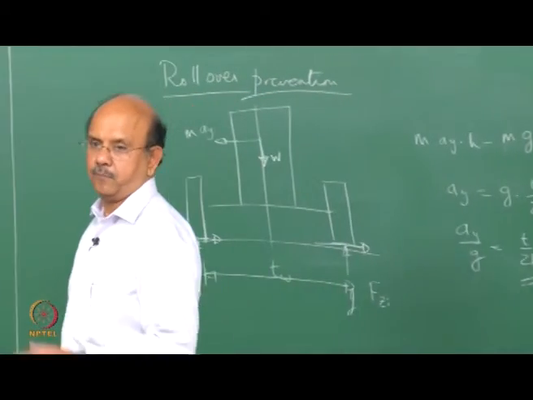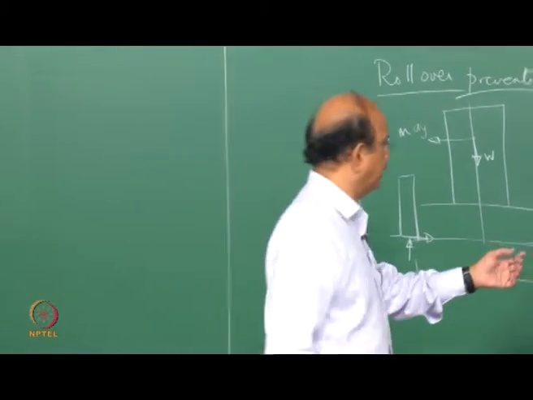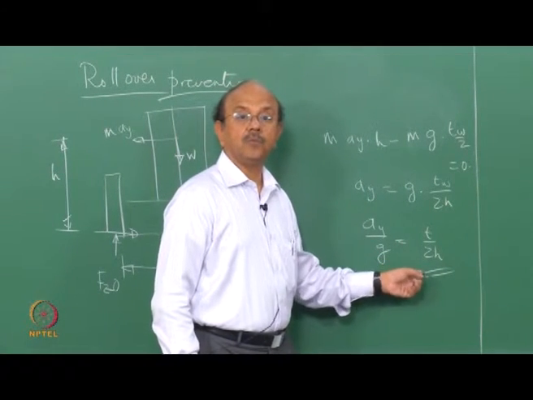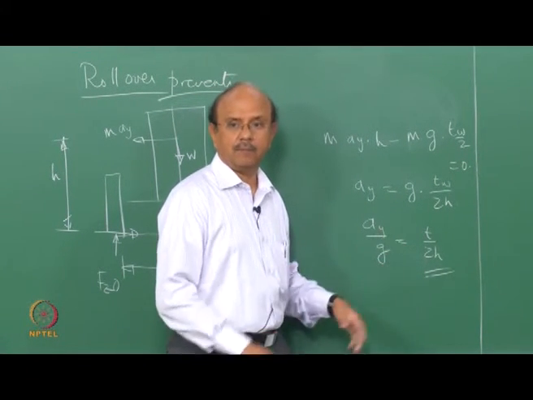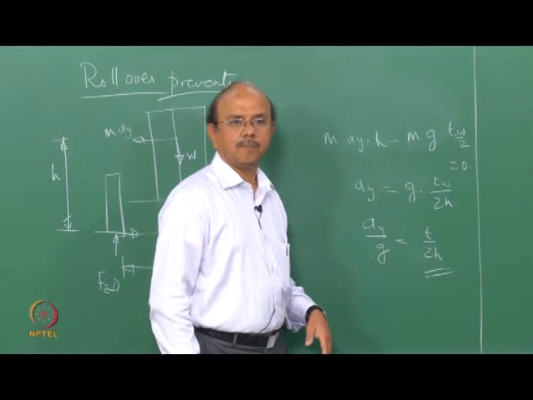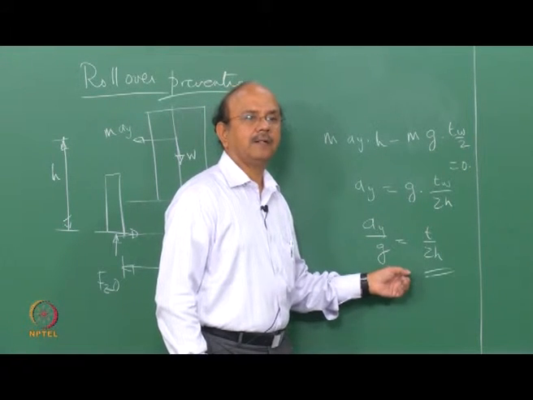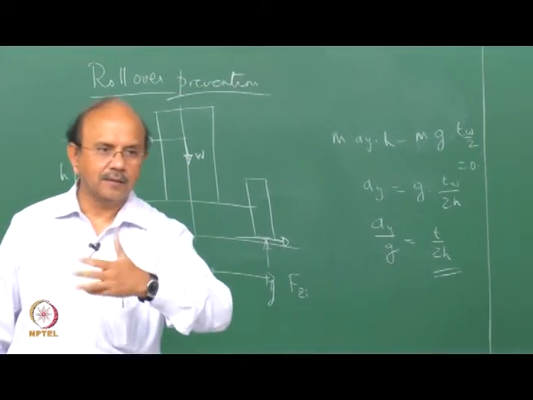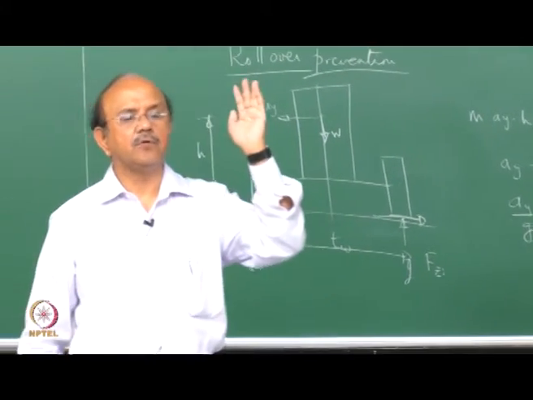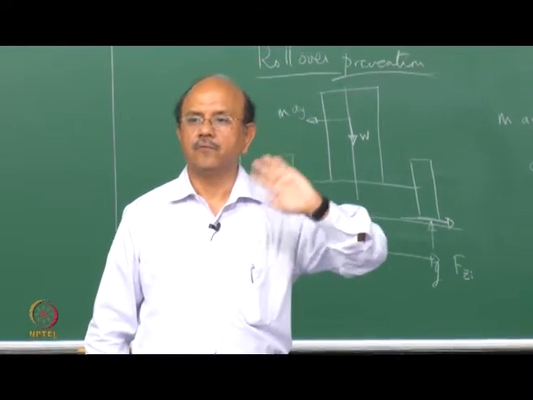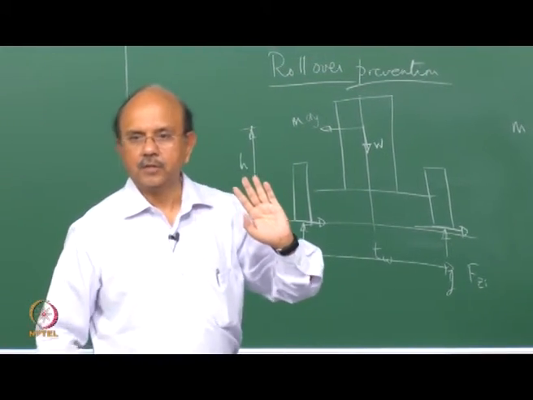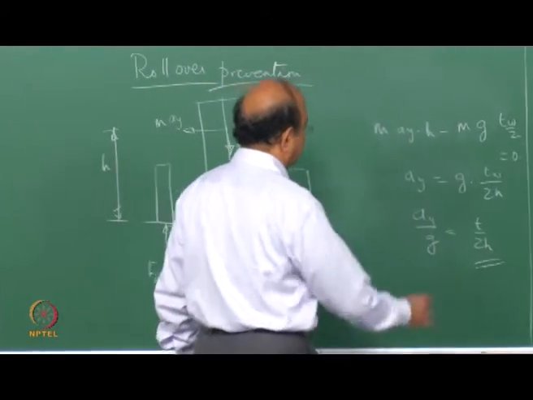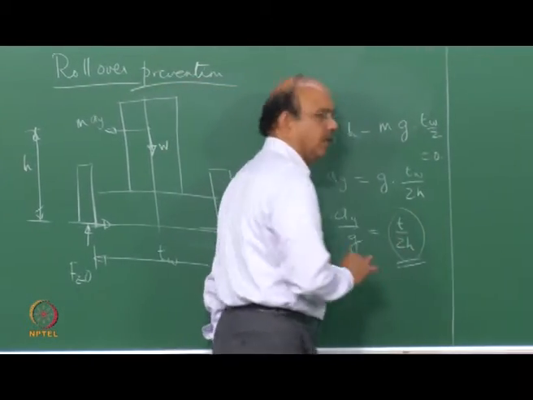So that's the level of lateral acceleration at which this will roll over. A typical car would be about 0.7, 0.8, and if you look at Formula 1 cars, it will be more than 1.5. Very high. So the very first equation that you look at is what is called the T by 2H ratio.